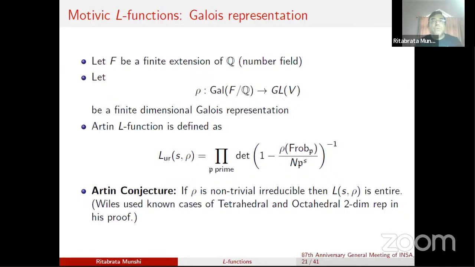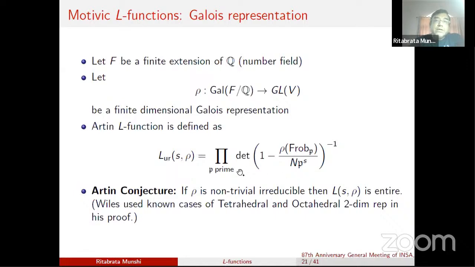All right. So as I said, you can also get an L function from a Galois representation. This was started by Artin, and it involves the Frobenius operator. You're basically looking at a finite extension of Q, which is the number field, and you take its Galois group and a representation of the Galois group on a finite dimensional vector space V. Using that, you can cook up an L function, which is defined by Artin in this way. Artin conjectured that if this representation is non-trivial and irreducible, then this L function is entire.